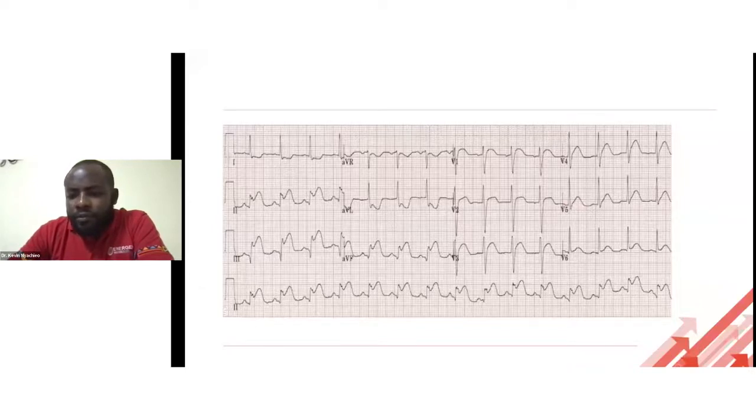Okay, I'm seeing people saying inferior MI, inferior MI. So the general feel, most of us are getting it. It's an inferior myocardial infarction. Remember, we are looking at lead 2, lead 3, aVF, where we can see significant ST elevation.